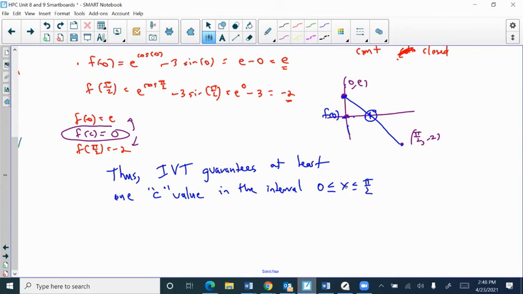Maybe I can put c right there. There you go. So there's at least one c value in the interval such that f of c is equal to 0.